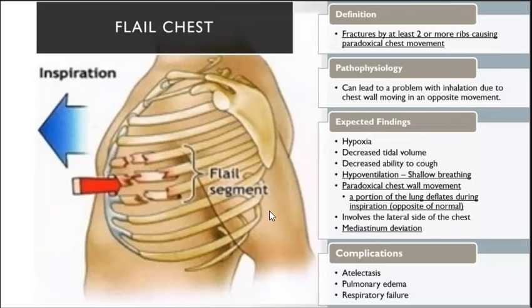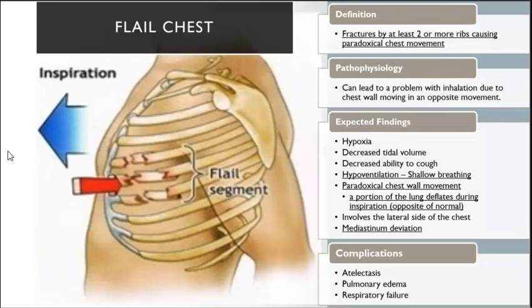Your flail chest patient. This happens with rib fractures, two or more rib fractures, and that's going to cause a paradoxical movement of the chest. So they breathe in and the chest sinks. They breathe out, the chest expands.